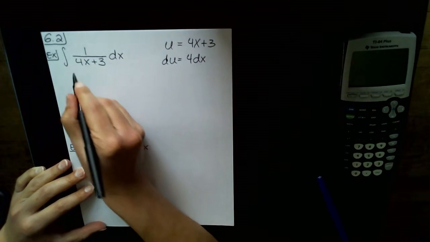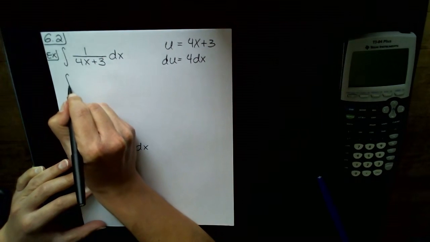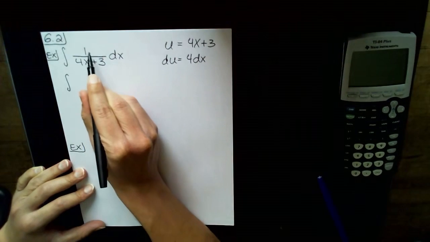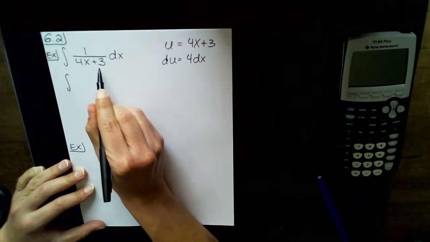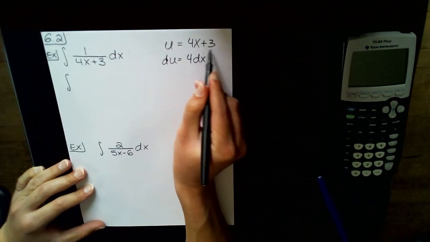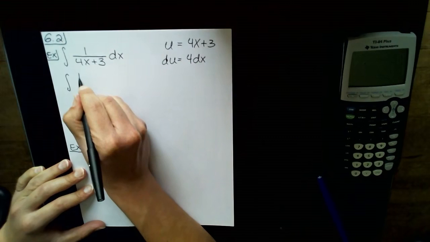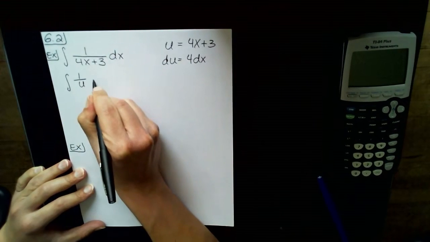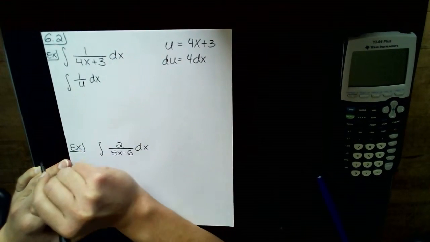Alright, so let's start plugging this in. We have the integral of 1 over 4x plus 3. Well, we said 4x plus 3 is u, so we get 1 over u dx.